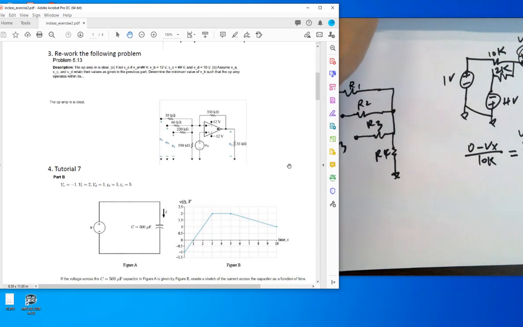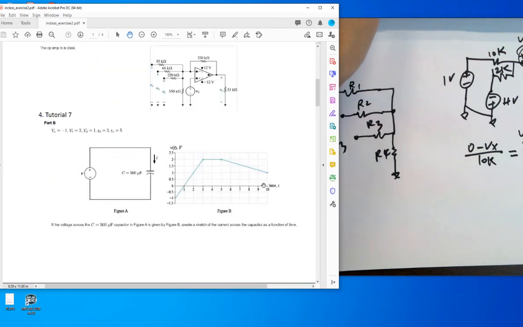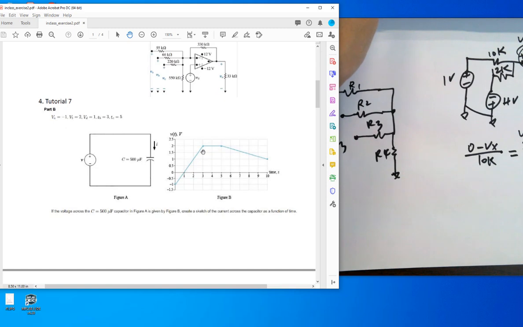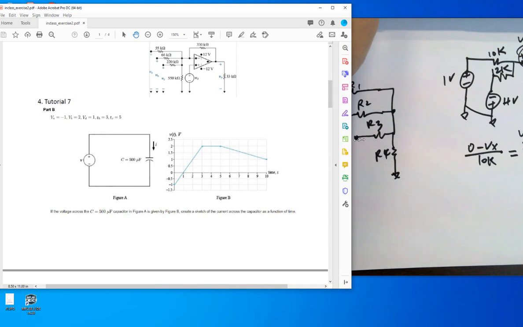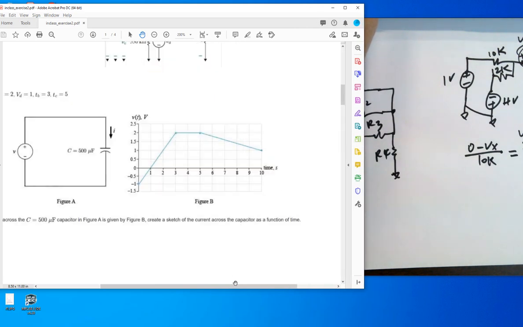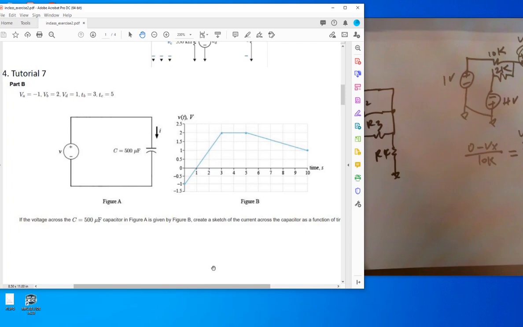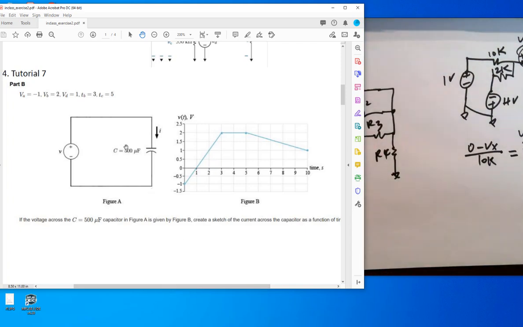Another one is something that we didn't practice in class. If you don't pay attention, you will lose points on this, all right? It's a trap. It's a trap. Look at this. VT is given.